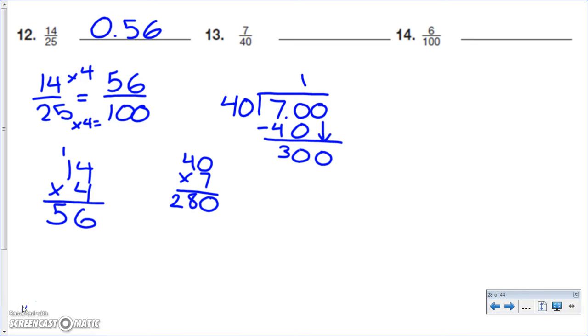So we're going to put the 7 up, subtract the 280. In this case, we do need to add a third zero because it hasn't gone in evenly yet. So now we have 40 dividing into 200, and we know it's going to go in exactly 5 times.